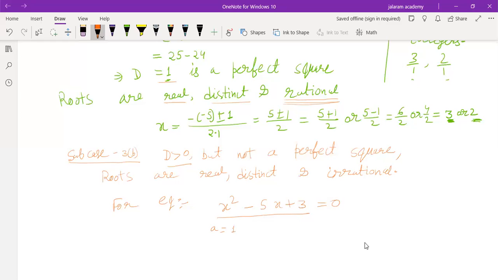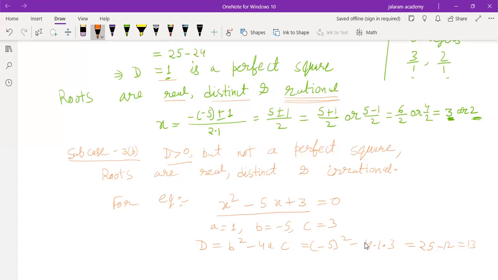So a equals to 1, b equals to minus 5, c equals to 3. Now find discriminant. Discriminant equals to b square minus 4ac. Now b is minus 5 whole square minus 4 into 1 into 3. So 25 minus 12 equals to 13. So 13 is not a perfect square.